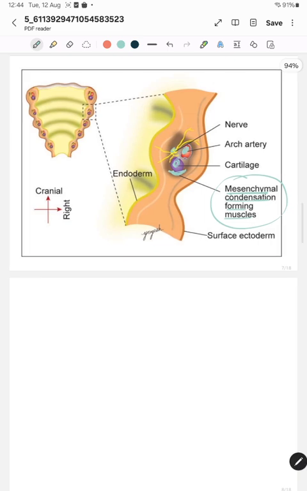The most important question generally asked in the exam is the derivatives. So first we'll take the first pharyngeal arch. First we talk about the muscles: muscles of mastication.